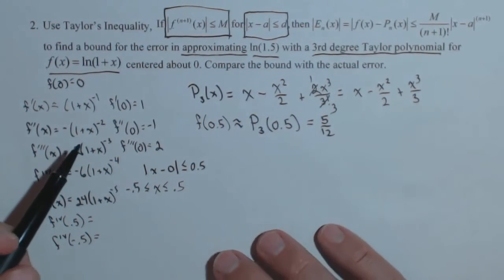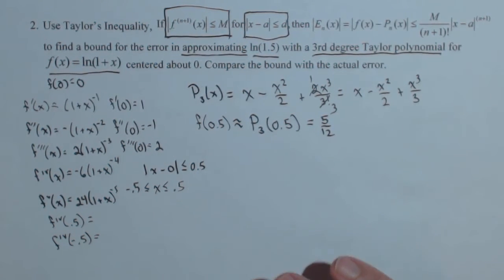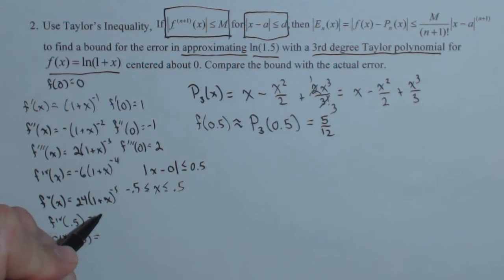And if we do this, what we're going to get is, remember, we're doing absolute value. At 0.5, we get approximately 4.74.